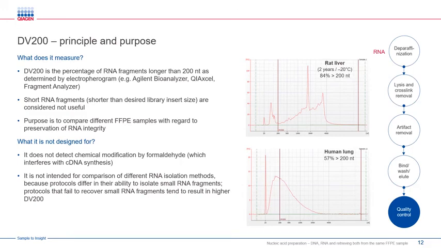So some methods that do not isolate any RNA below 200 nucleotides will pretty much always give high DV200, even if the sample is not great. The yield will just drop a lot. So that is important to keep in mind.